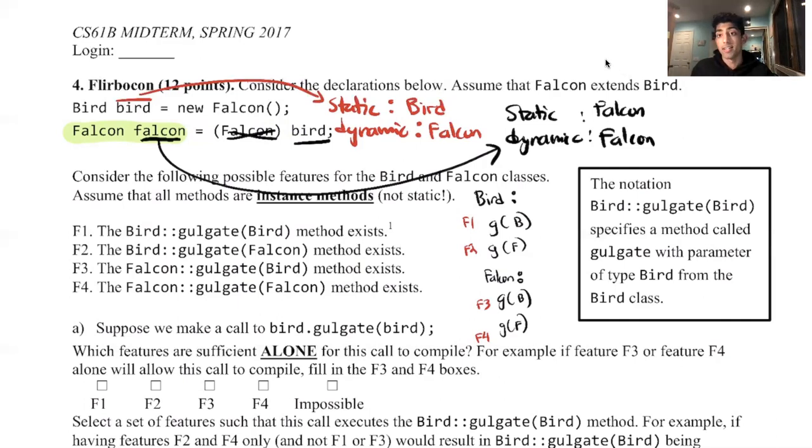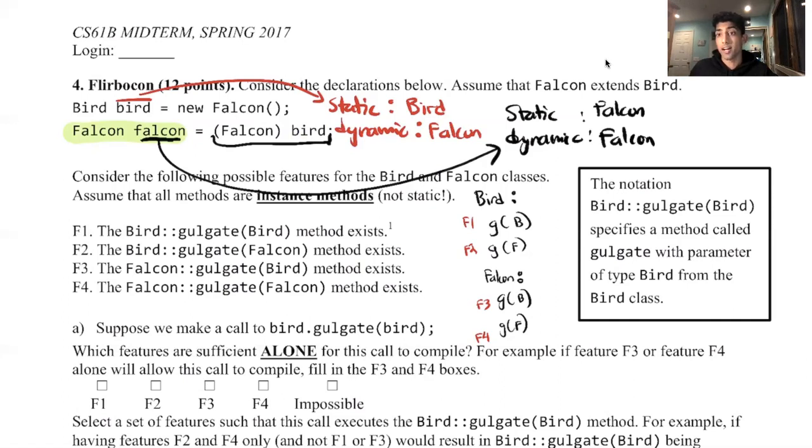To remedy that, we're going to temporarily change the static type of the bird object to Falcon. Now during compile time, it looks at the object over here, and it says this object has static type Falcon because of the cast.